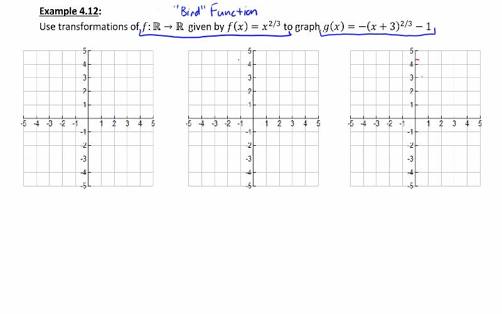So number one is going to be a reflection over the x-axis, and number two is going to be the shifts. There's going to be a shift to the left by 3 and also down by 1.